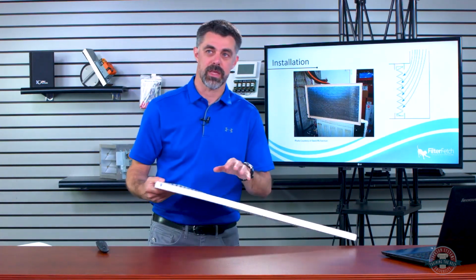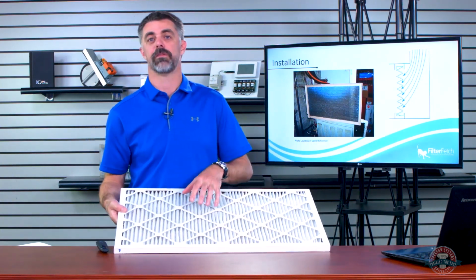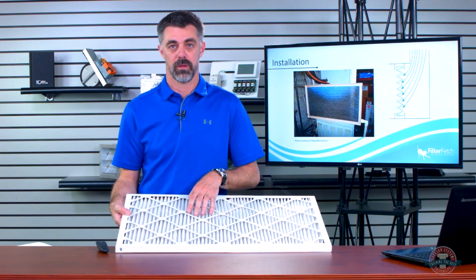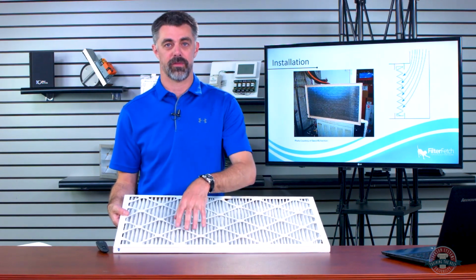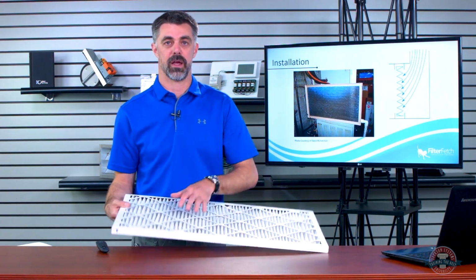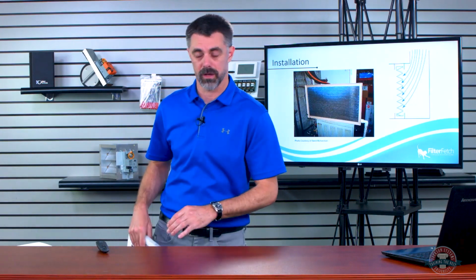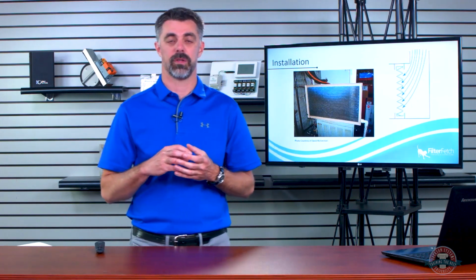Depending on how the media in the filter is designed, it might not filter quite as well. Depends on if there's any kind of an electrostatic charge or a sticky media in there. Sometimes they put a sticky piece on that media to help stick the dirt to it and grab onto it. So it really kind of depends on the filter. Hopefully that answered the question.